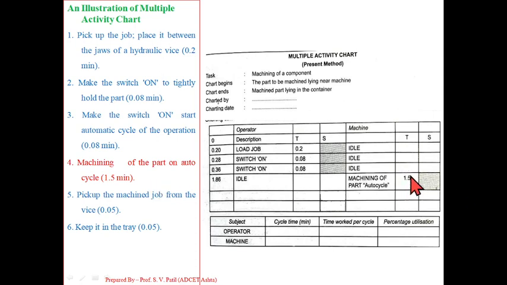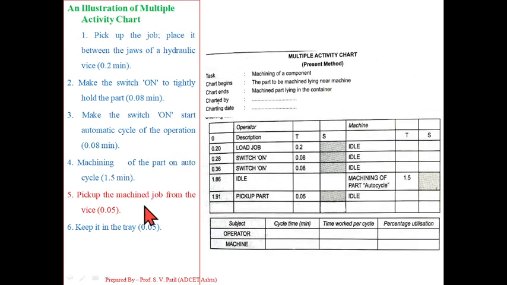So in the time we are supposed to mention 1.5, and in the symbol cell the 45-degree lines, hatching lines, section lines, we are supposed to draw over here. The operator is idle. As far as cycle time is concerned, 0.36 plus 1.5 will become 1.86, which we are supposed to write in this cell.